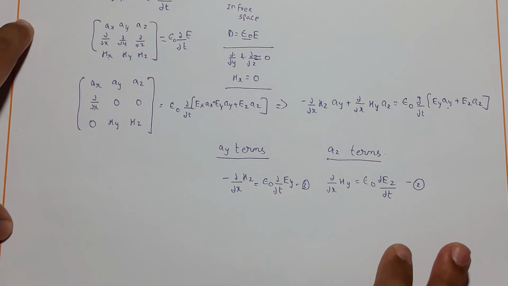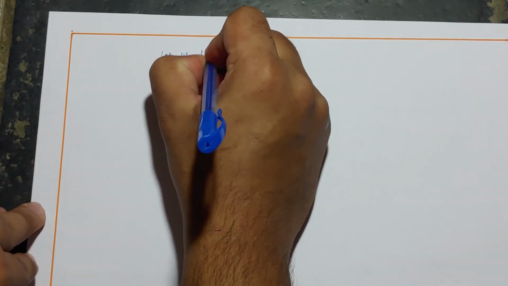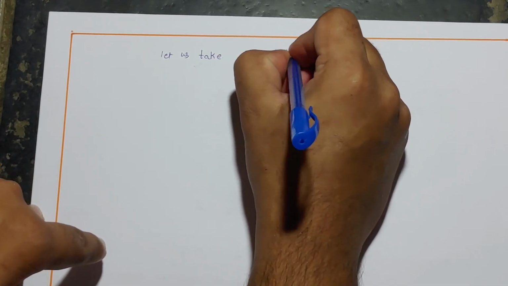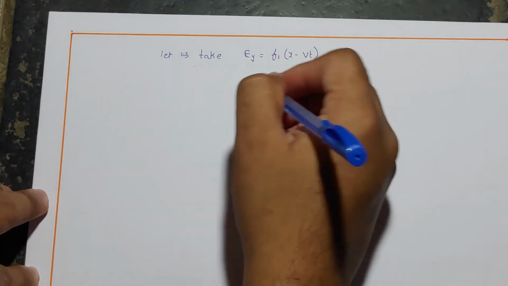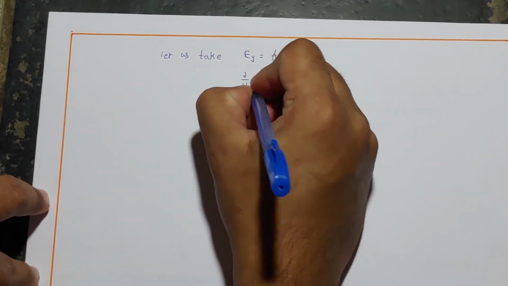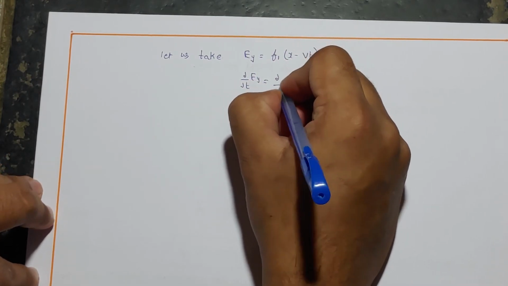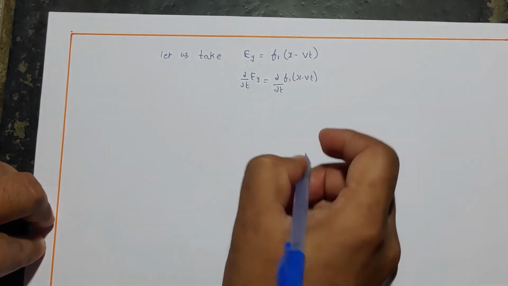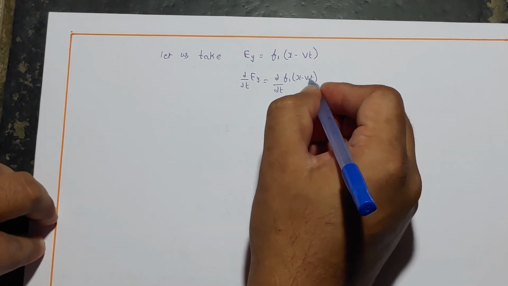Now let us solve further. Let us take an assumption, that is, let us take Ey is equal to f1 of x minus vt. From this, let us differentiate on both sides with respect to t. Dou Ey by dou t is equal to dou by dou t of f1 of x minus vt. As we know, we want every term to be in terms of its internal term.